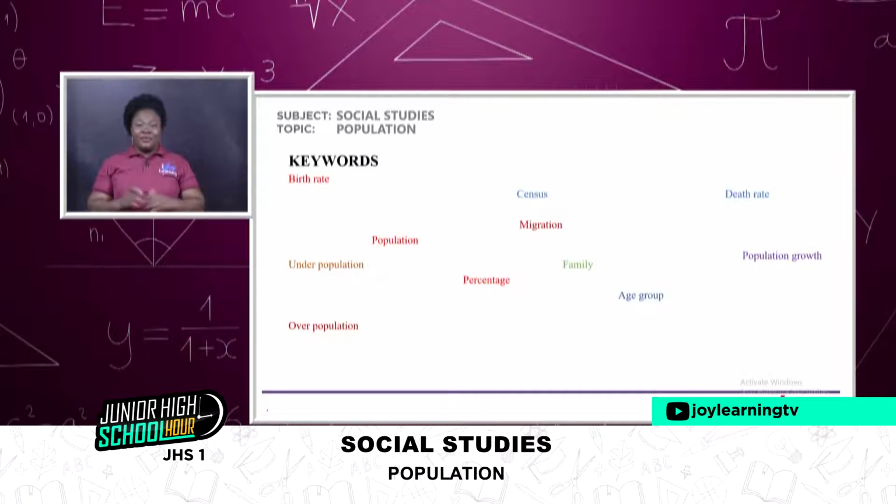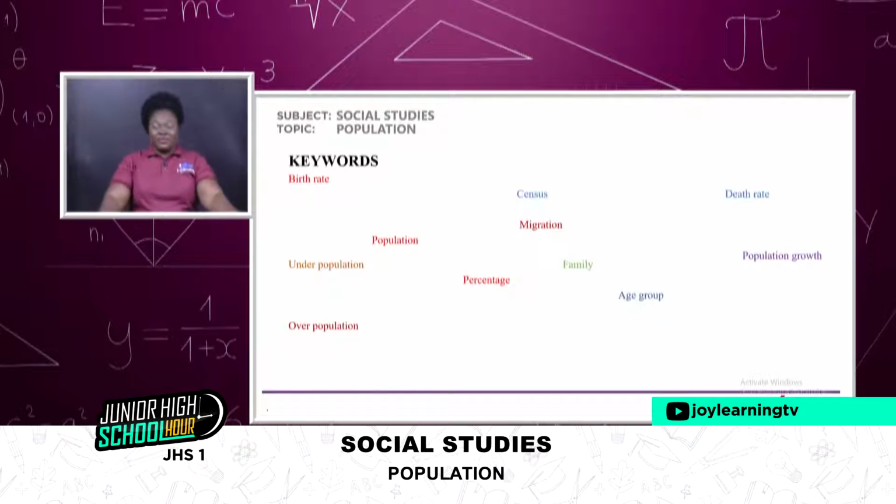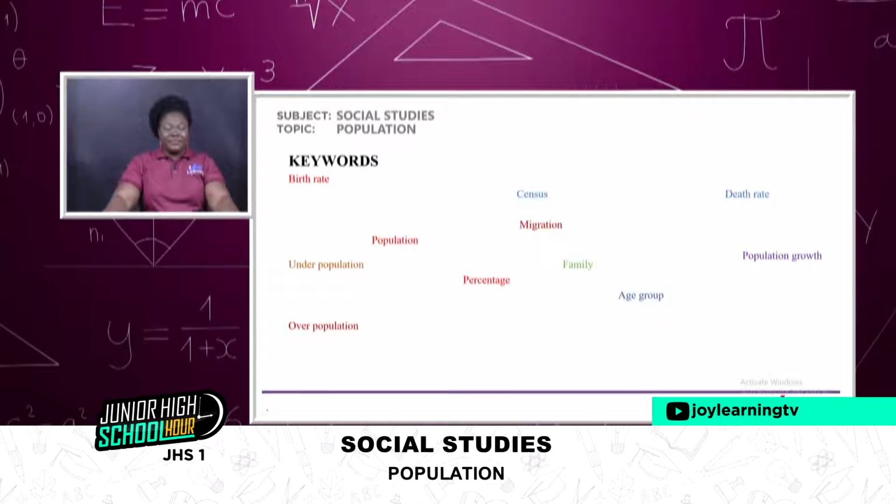So the vocabulary for today is birth rate, population, underpopulation, overpopulation, census, migration, percentage, family, age group, death rates, and population growth.